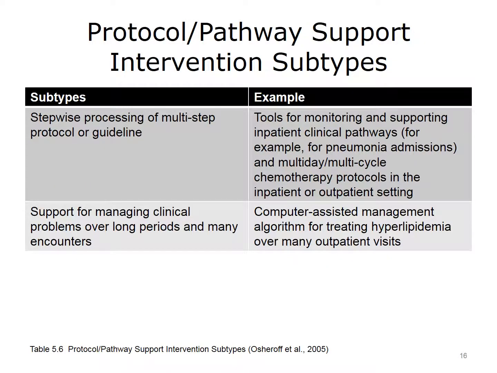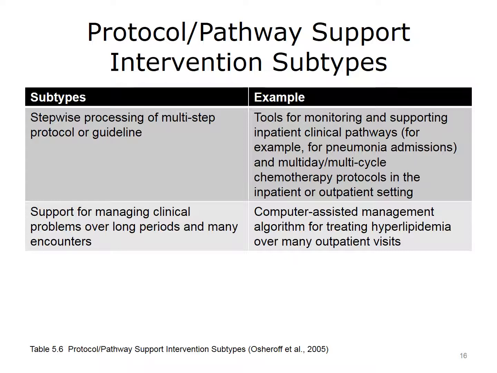The next intervention is protocol pathway support. The benefit of this intervention is that it provides support for multi-step care plans, pathways, and protocols that extend over time. As summarized by Asheroff et al., Table 5.6 identifies two subtypes and examples for the protocol pathway support intervention.